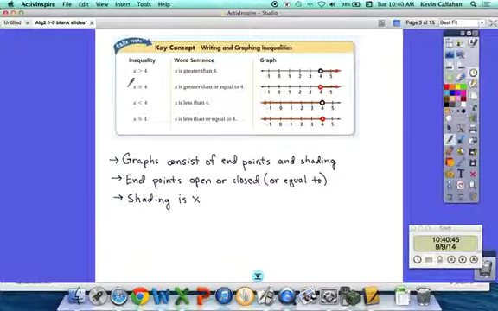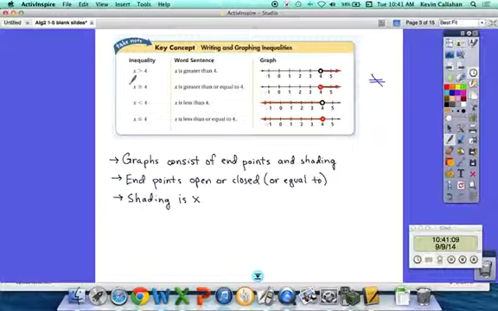There's actually one other inequality. Do you know what that is? The other one, which we won't mess with here, would be not equal to. You can say something is not equal to something else. But we're just dealing with these four right here.